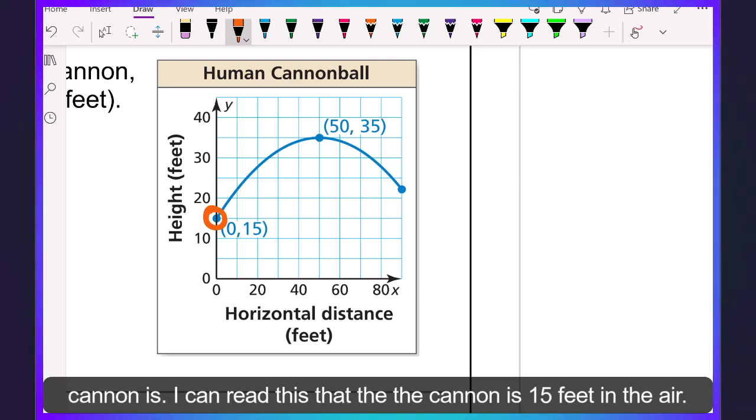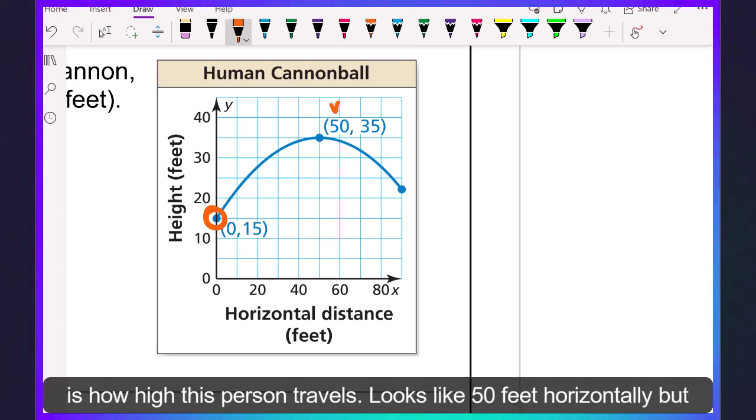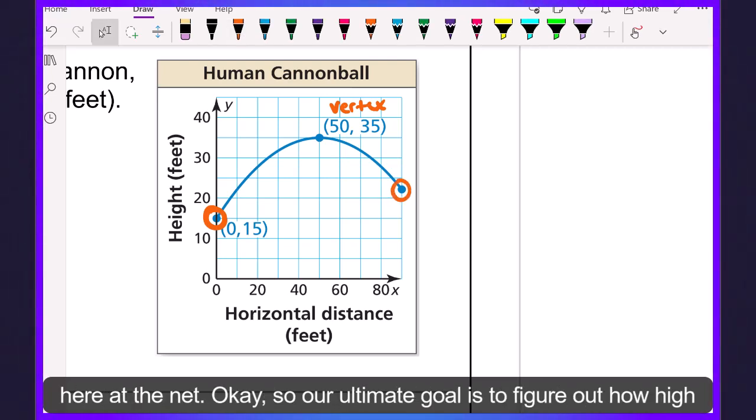I can read this, that the cannon is 15 feet in the air. They're shooting the person up in the air, and this is the vertex. This is how high this person travels. Looks like 50 feet horizontally, but then they travel above the ground 35 feet. And then they land right here at the net, okay?